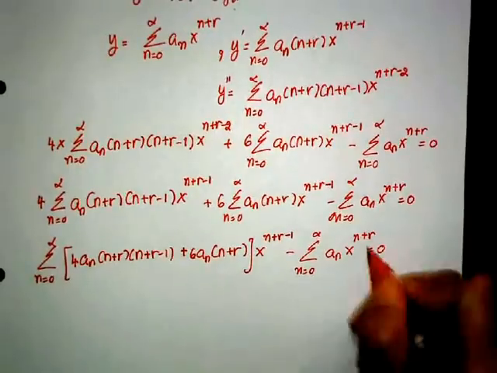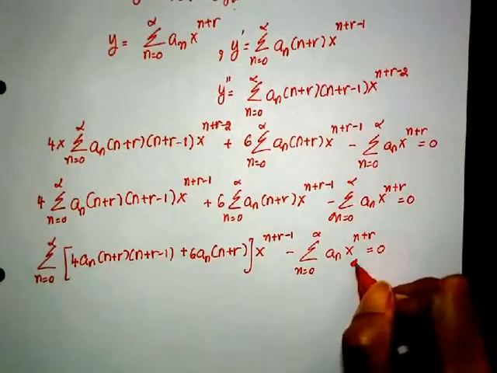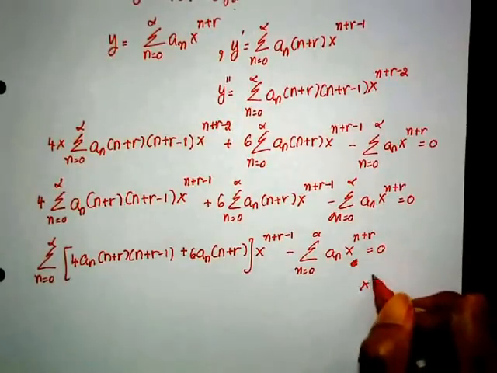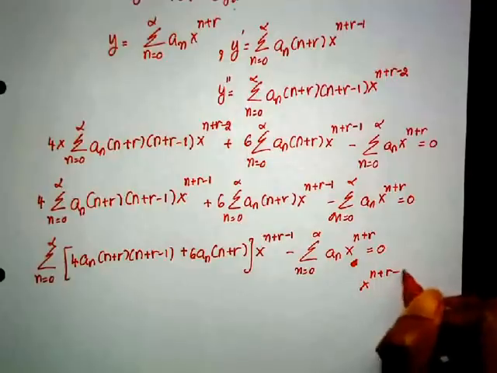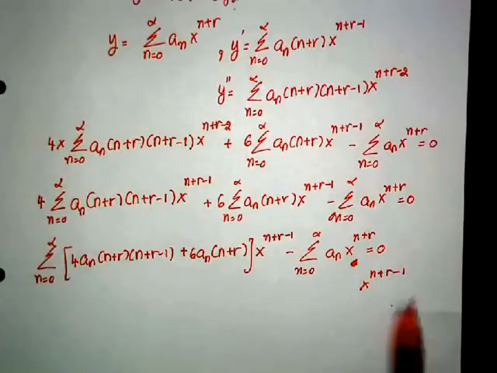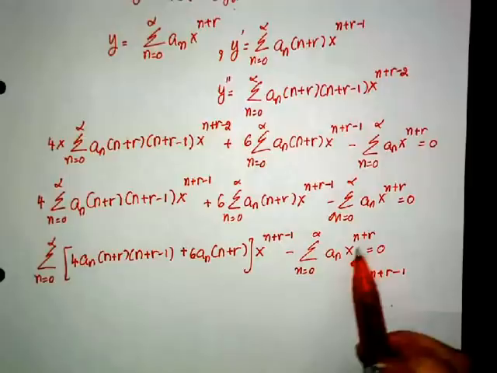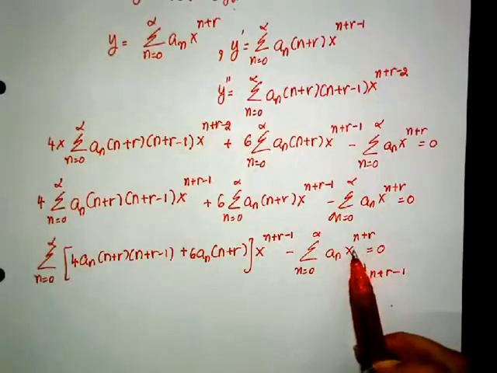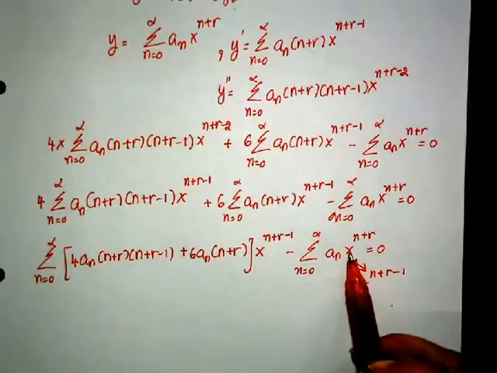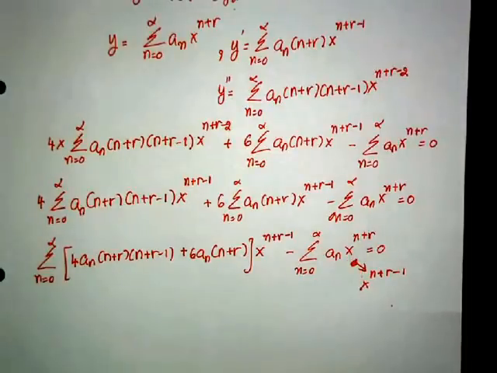We are going to shift the second term to be x to the power n plus r minus 1. So that means we are going to replace the n of the second term with what? n minus 1.